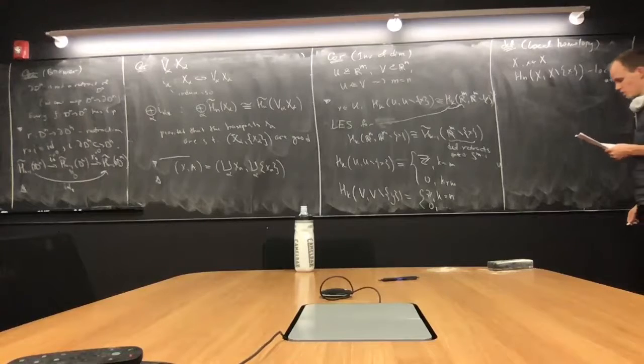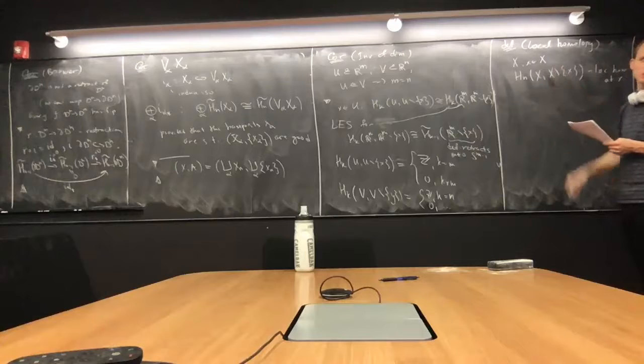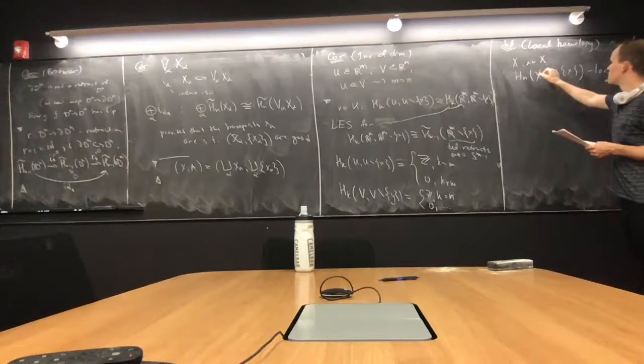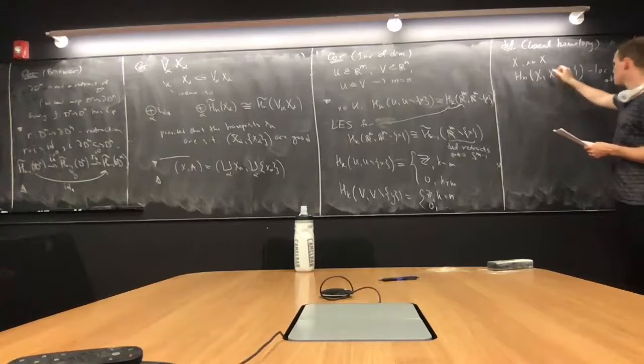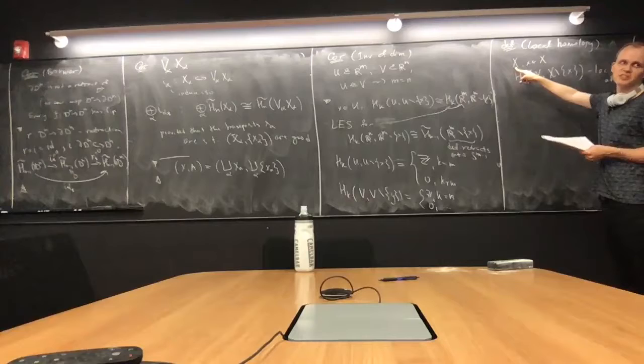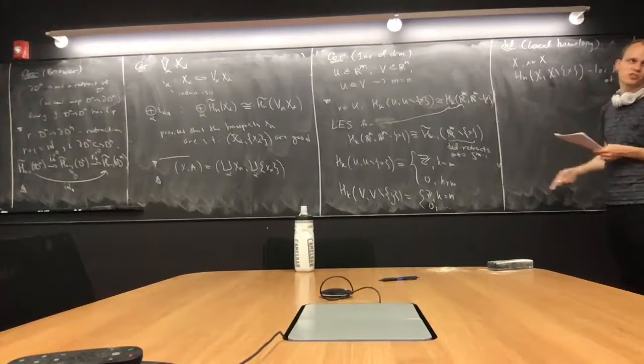And of course, by excision, it's equivalent to X replaced by any neighborhood of x. And as we saw, if X is a topological manifold, for instance, then this is equivalent to homology of some sphere.